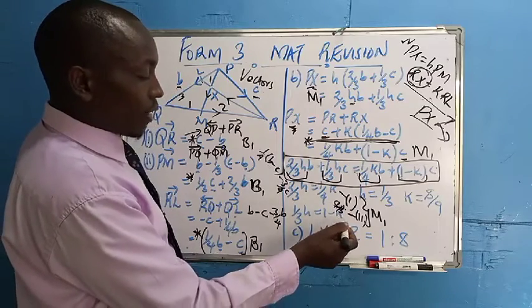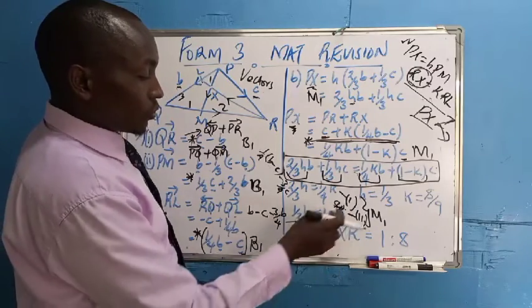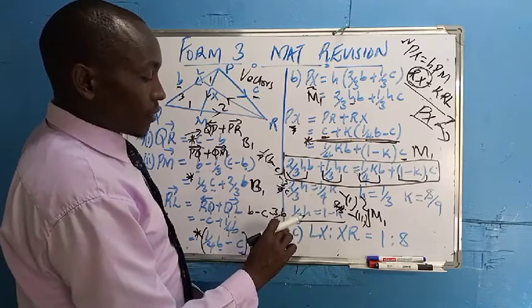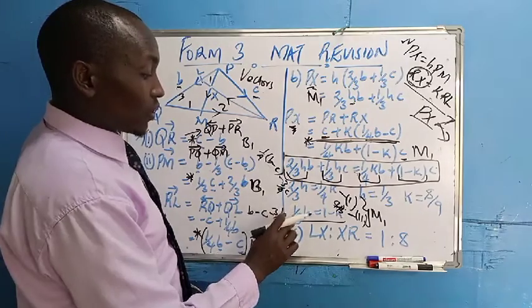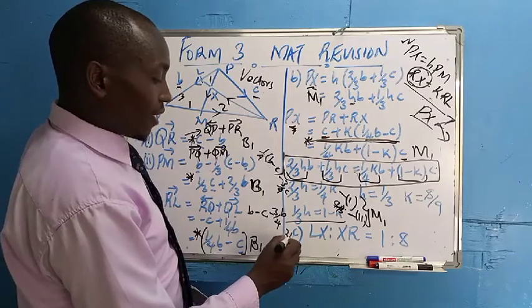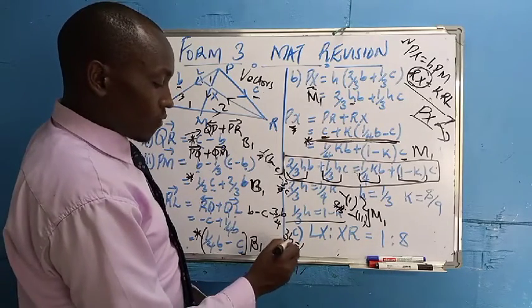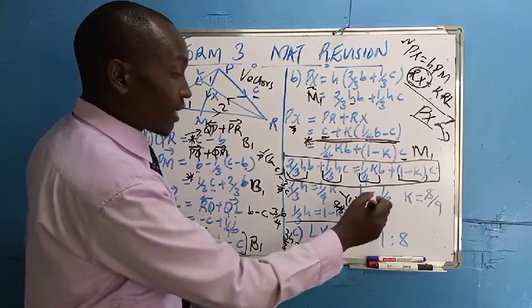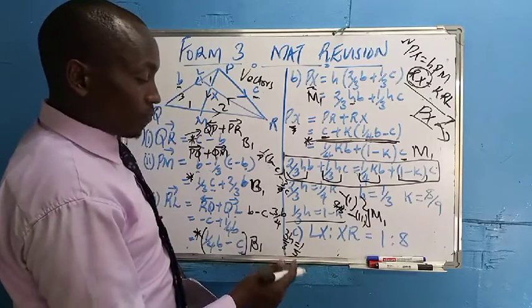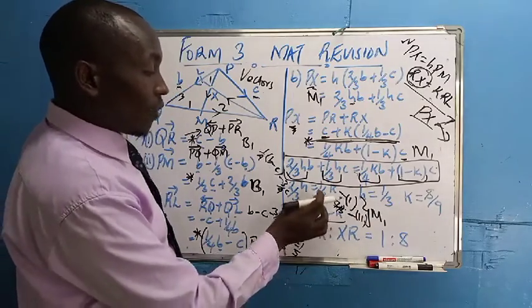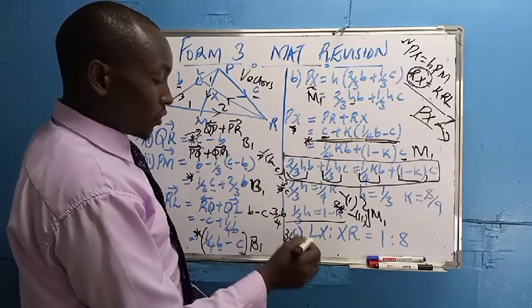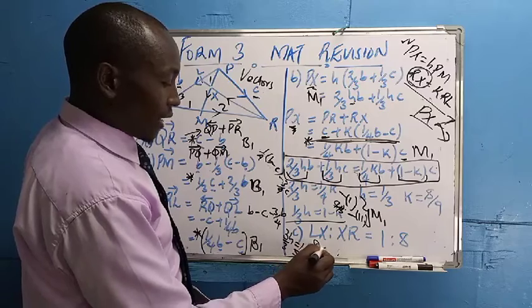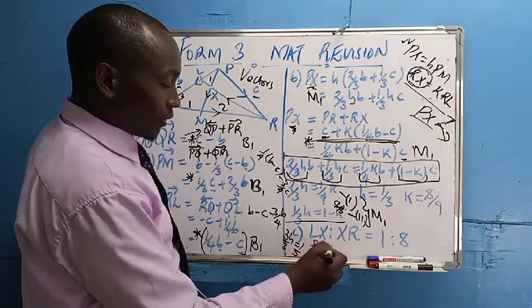Having done that, you'll have an equation with just h. So you bring this on this side, yes, you will have 9 over 3 h, that is 3 h equals 1. Divide by 3, h is a third. You can see h is a third there. Having done that, I can go ahead to get k. Remember, my k was 8 over 3 h. So 8 over 3 times a third, you get 8 over 9.